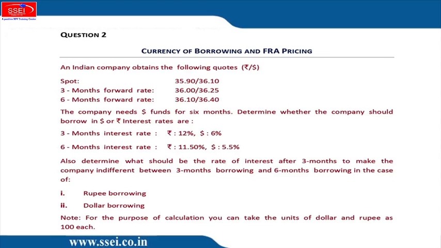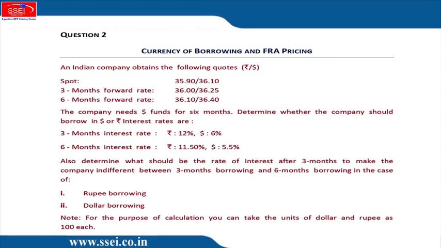If you look at the dollar side, the bigger periodic factor for 5.5% will be 1 plus 0.055 by 2, and the smaller periodic factor for 6% will be 1 plus 0.06 by 4. More precisely, 5.5% for 6 months is 2.75%, so the bigger periodic factor is 1.0275, and 6% for 3 months is 1.5%, so 1.015.